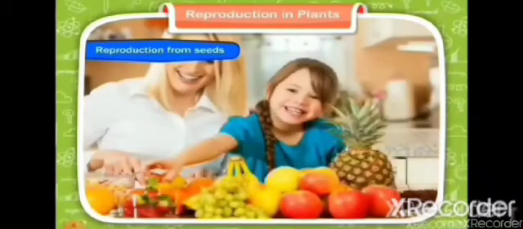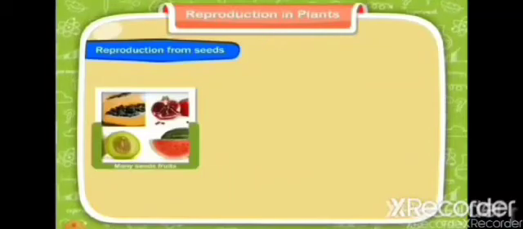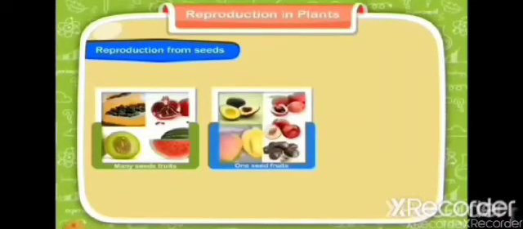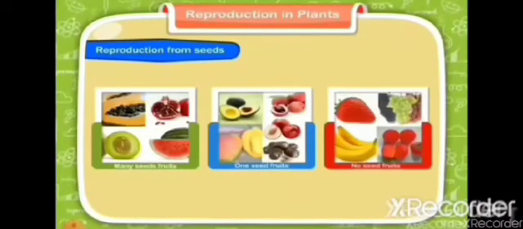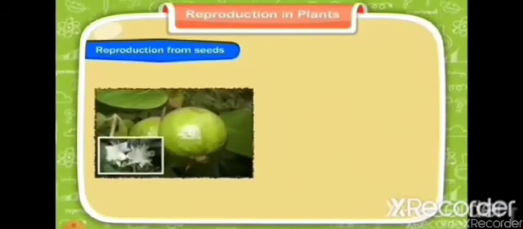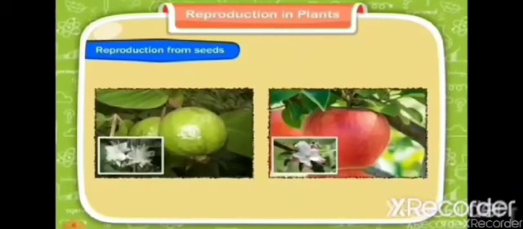Reproduction from seeds. Children, we eat fruits. Some fruits have many seeds, whereas some fruits don't have seeds. Most plants produce many flowers that turn into fruits. They have seeds in them, but all the seeds don't produce a plant.